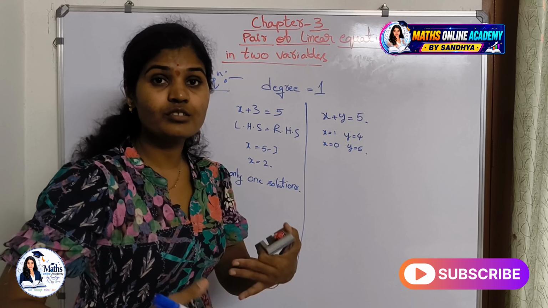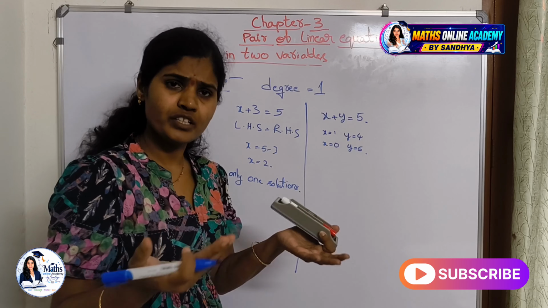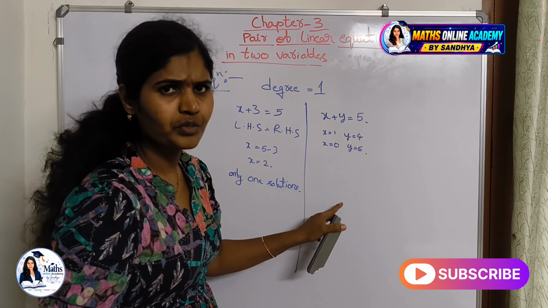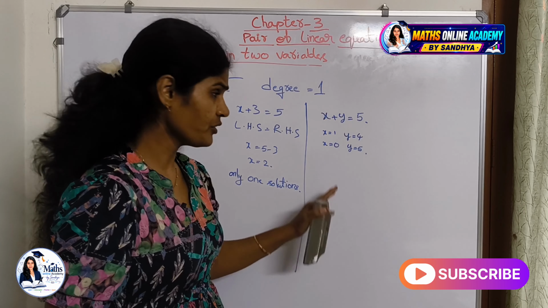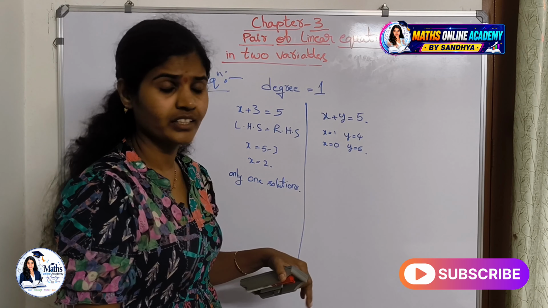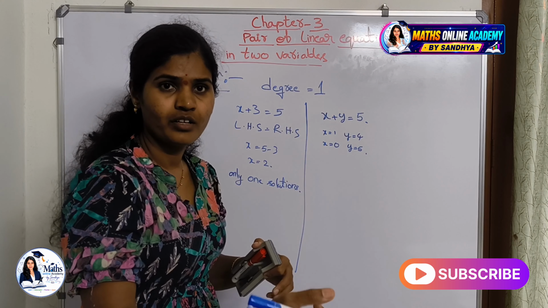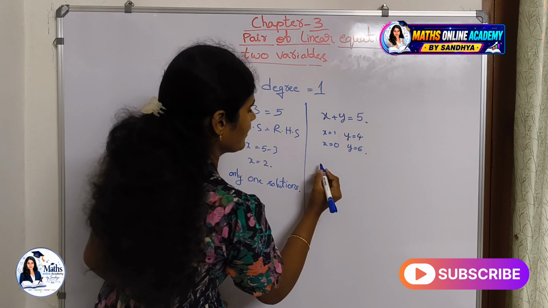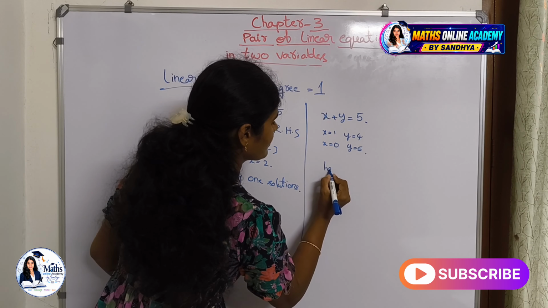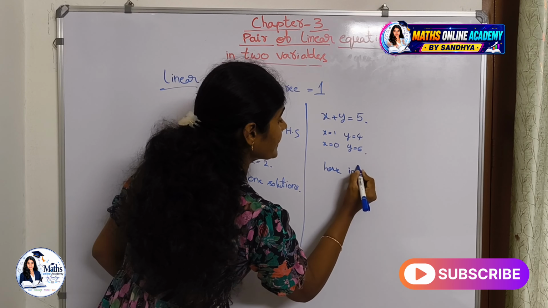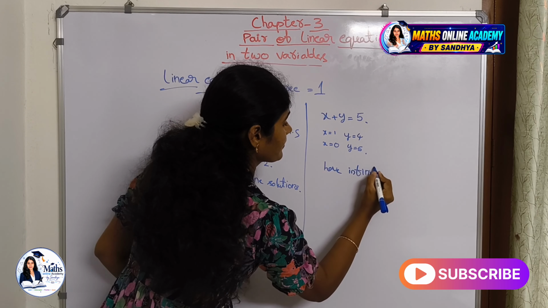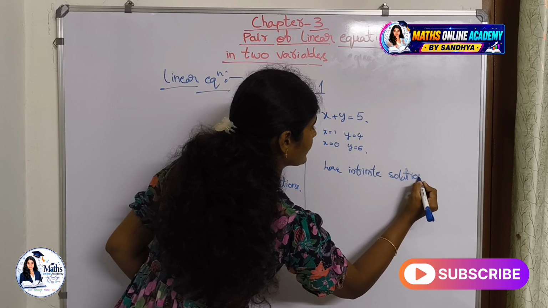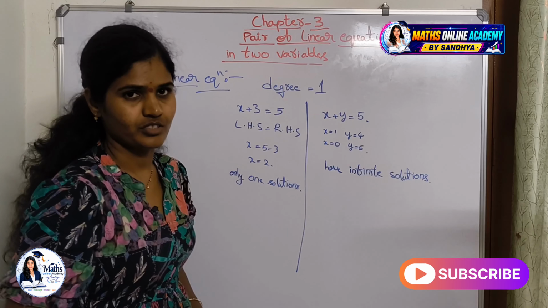Here how many solutions? So many solutions. If you substitute 0, 2, 3, 4, like that, you can substitute x = -1 and y = -2. In this we get so many solutions. Means here we have infinite solutions.